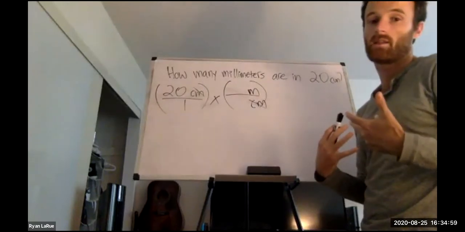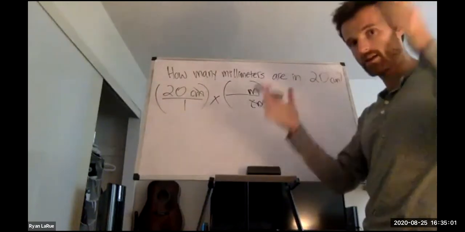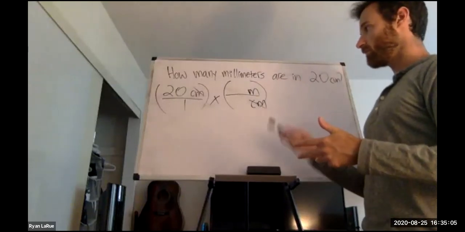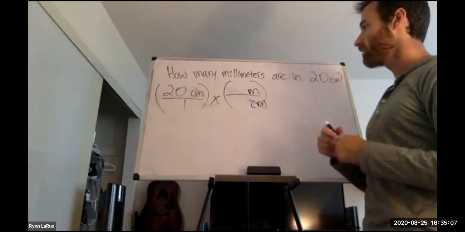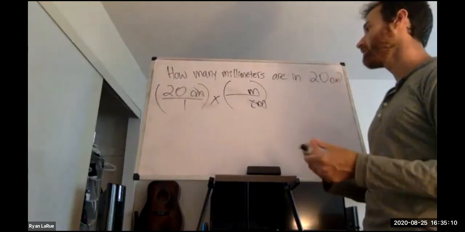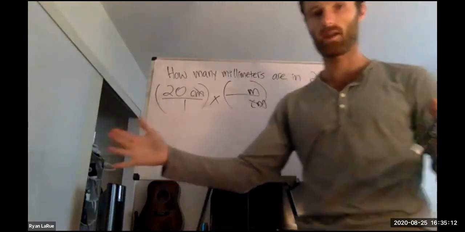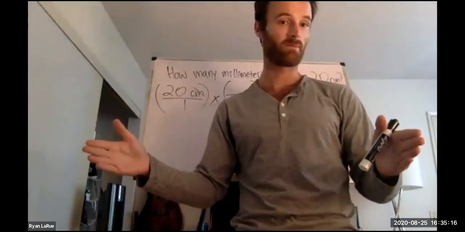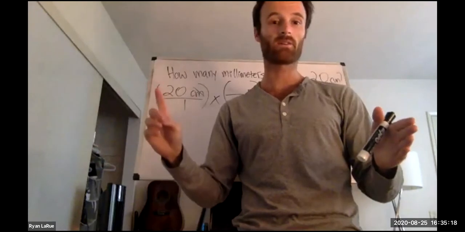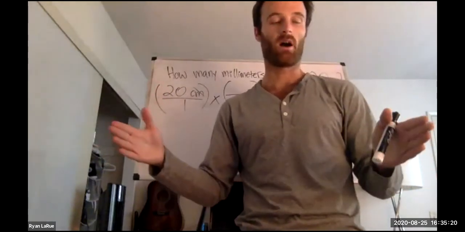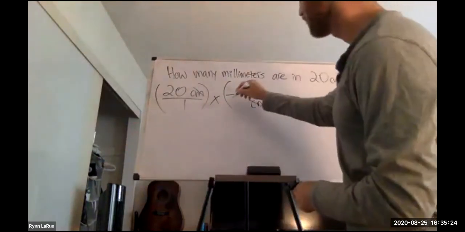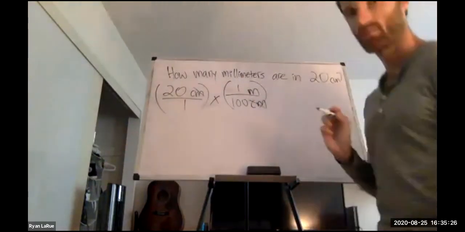This is just me. I don't know that mentally. I go to the base unit first. So centimeters to meters. So mentally I say, okay, here's a meter, right? Got a meter stick. Centimeters are smaller. One centimeter is 100th of a meter. 100 centimeters are in 1 meter. Boom.